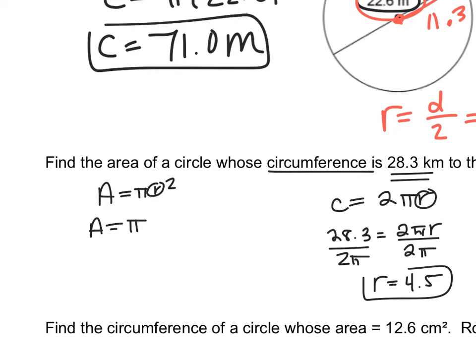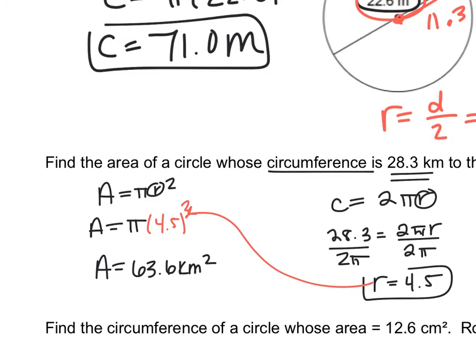I now take that number, and I substitute. So I end up getting area equals pi times 4.5 squared, which is approximately 63.6 kilometers squared. That is how you approach these problems always.